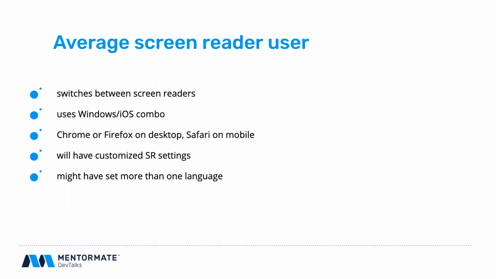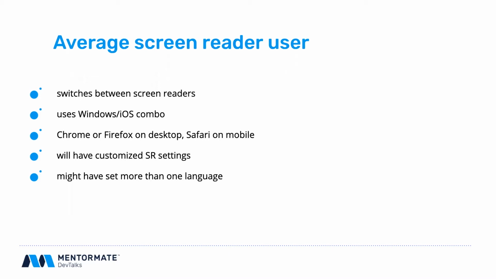Android lacked accessibility features, or at least some of those, for a long time. They've been catching up recently, and some screen reader users will use Android and they will find a way to work with that. But historically, most of the screen reader users would use iOS.